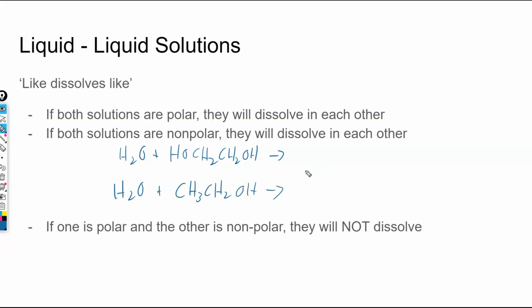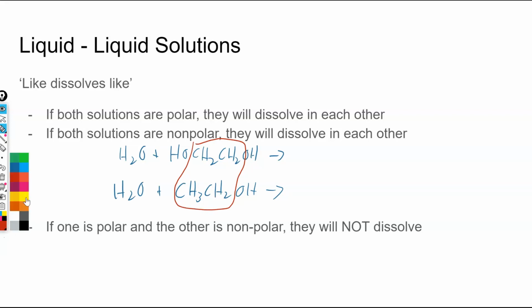So you want to think about which one of these would be more soluble or more miscible in water. They both have the same amount of hydrocarbon chain, right? 2 carbons, 2 carbons, they're about the same.